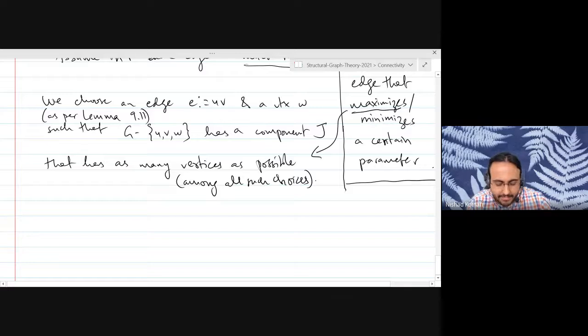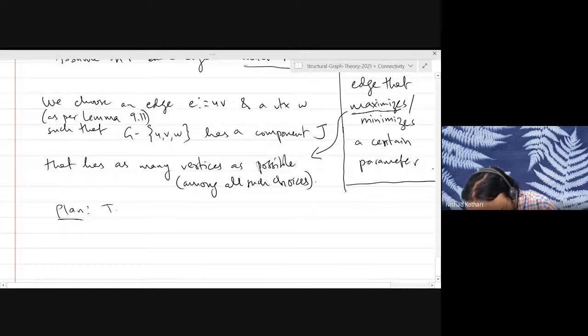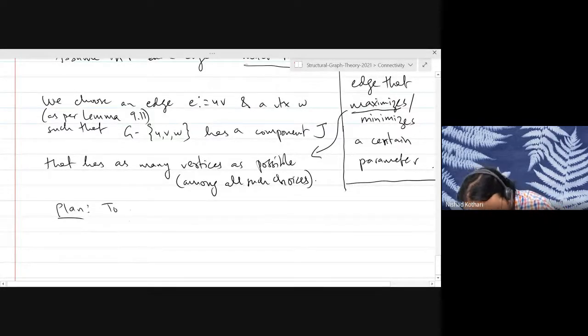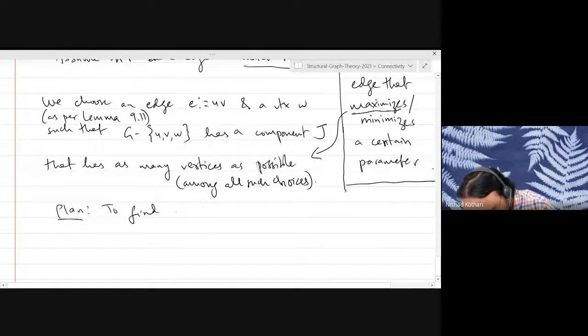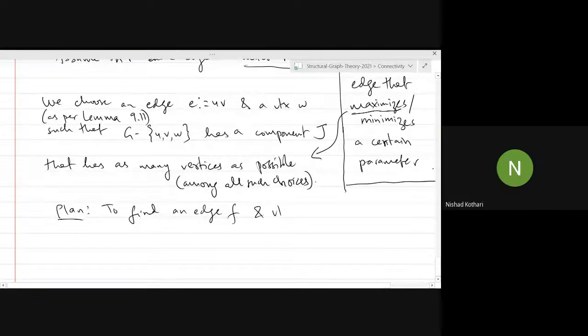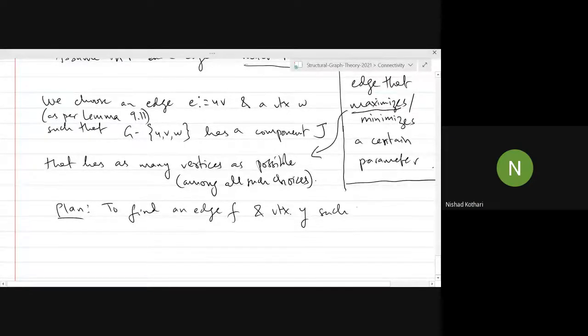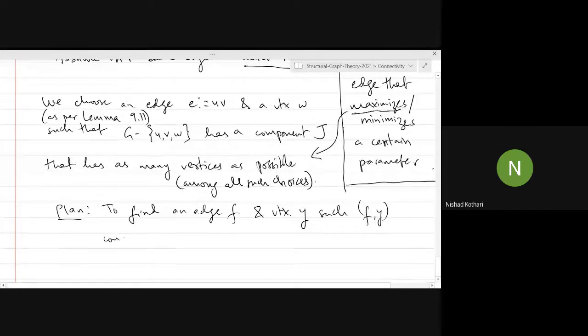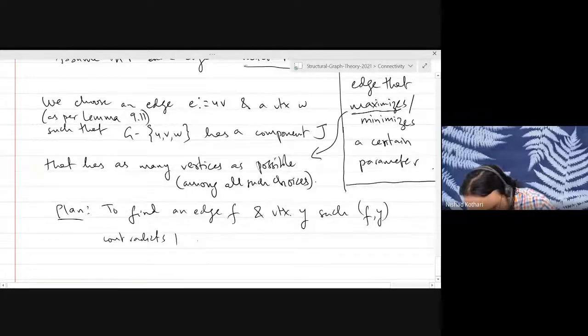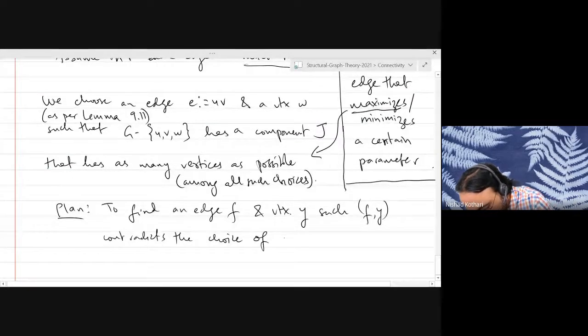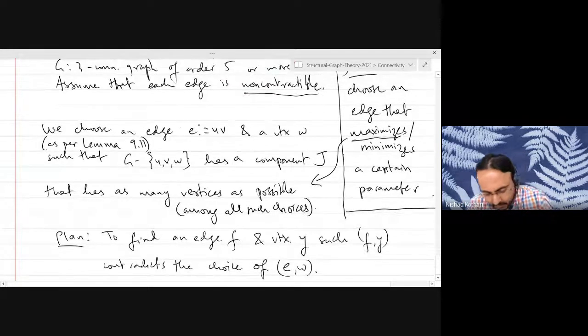We will show that there is some other edge F and some vertex, I think we will call it Y, so that F and Y will contradict the choice of E and W. So the plan is to find an edge F and vertex Y such that F comma Y contradicts the choice of E comma W. This is what we have chosen.